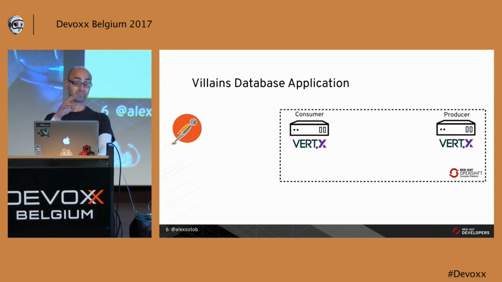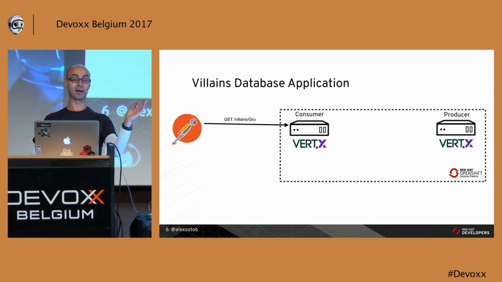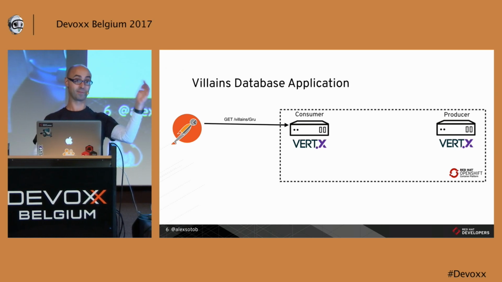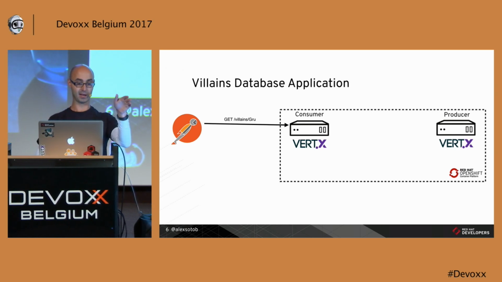All this application is going to be deployed on an OpenShift cluster, which is Kubernetes plus some features that Kubernetes lacks. Basically, what we're going to check is that Postman is going to do a GET on /beelines/gru. The consumer will get all the crimes that can be committed by Gru.